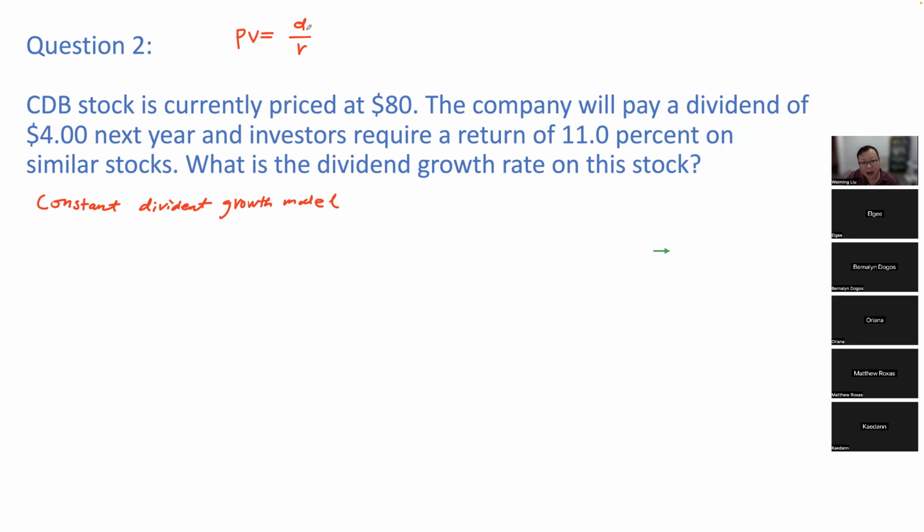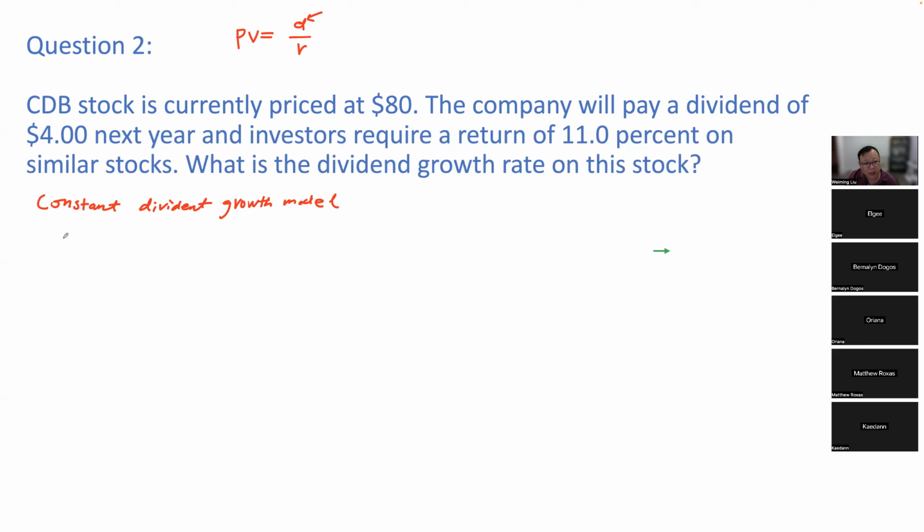If it's a constant dividend, that's your present value. If the dividend amount is increasing all the time, your present value should be higher than this one.